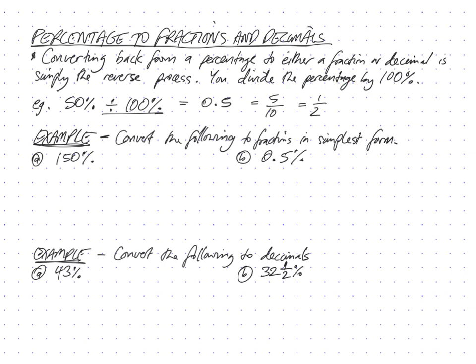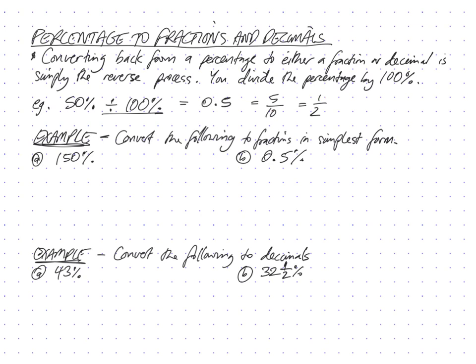You divide the percentage by 100%. So once again, I'm going to go back to that simple example. 50%. I know in my head that that's equivalent to a half, that's equivalent to 0.5, but just to show you that the process works, if I do 50% divided by 100%, that's going to give me 0.5 as a decimal, which I know is 5/10, which cancels down to 1/2.